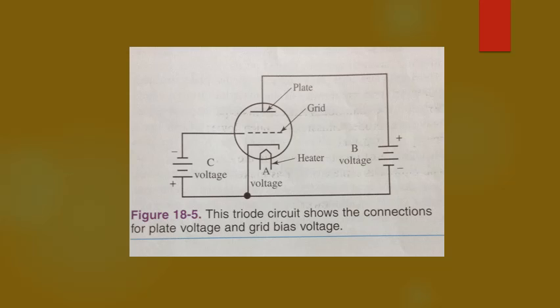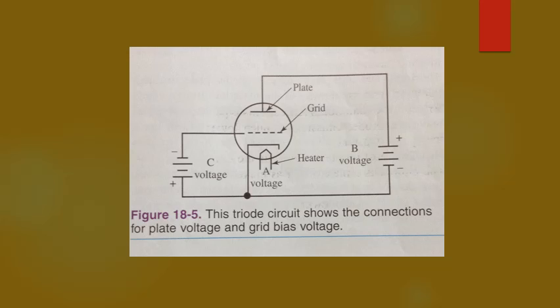It is the negative voltage applied to the control grid that stops electron flow. The voltage applied to the control grid is called the bias voltage. At cutoff, it is called the cutoff bias.